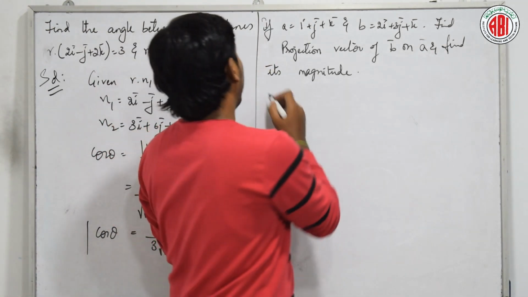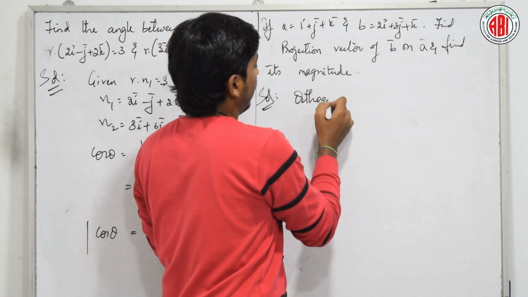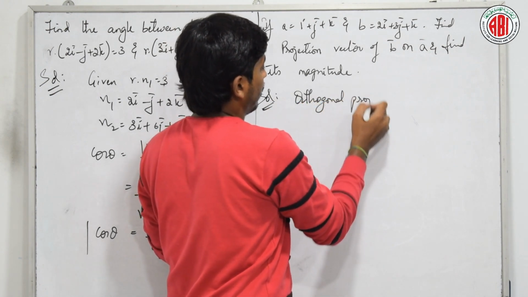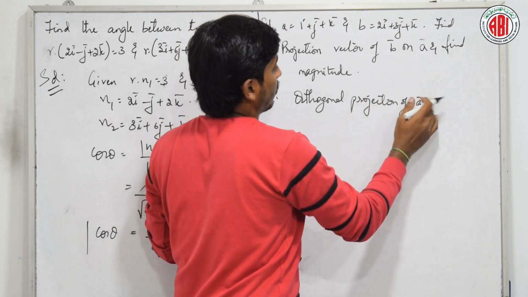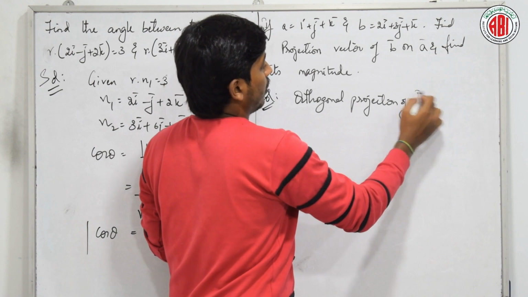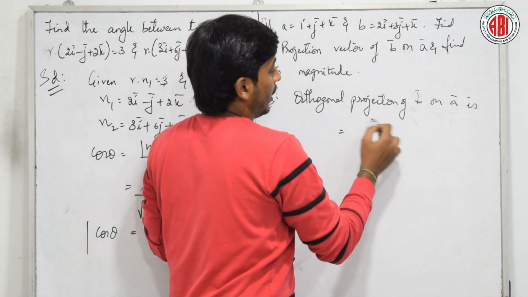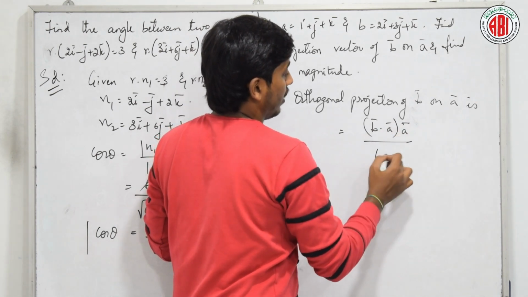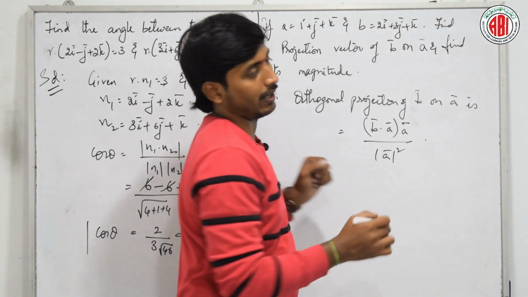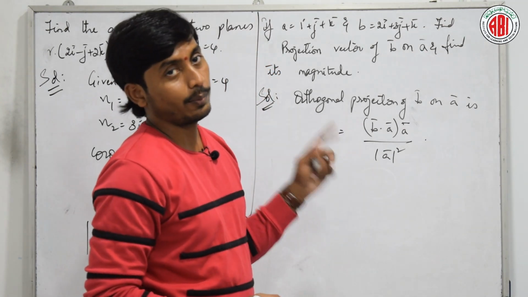That is by using a simple formula, that is orthogonal projection of B bar on A bar is given by B bar dot A bar into A bar by mod A bar whole square. Clear? That is just orthogonal projection.